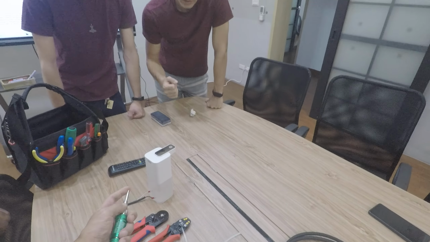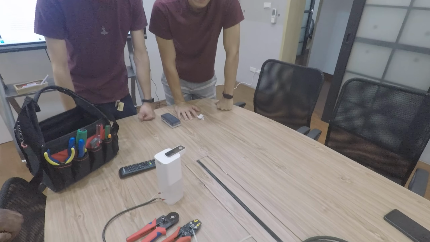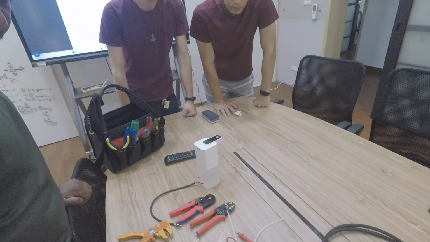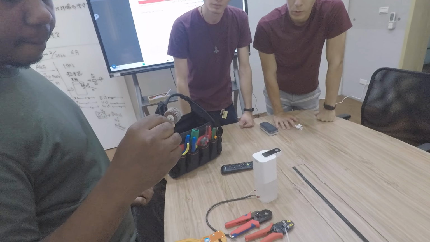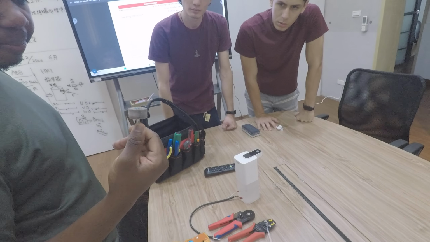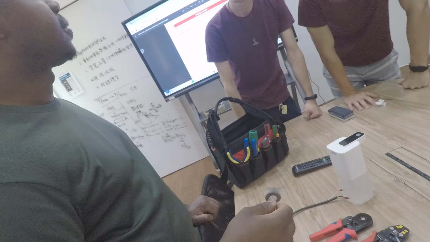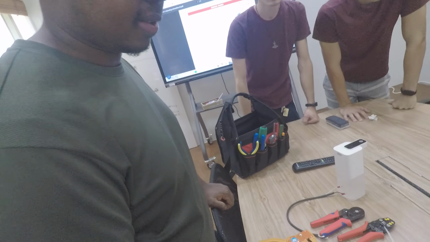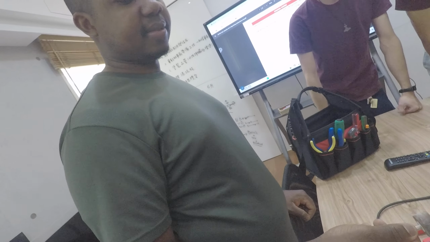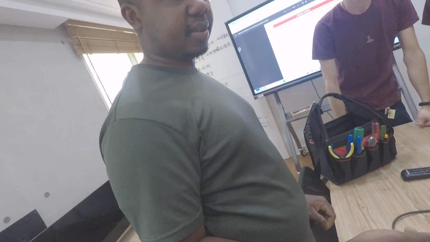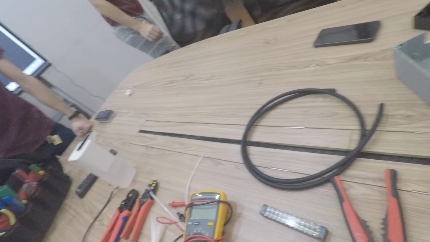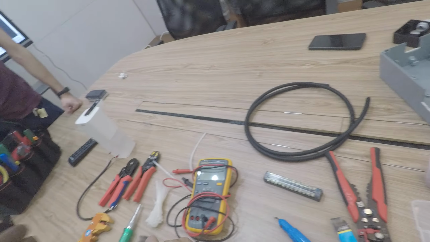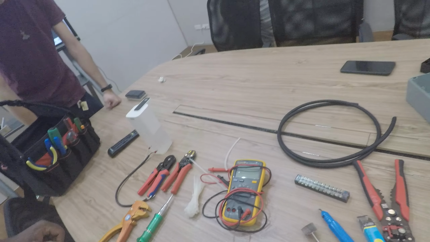You know this? Yes, to punch. Okay, and this one? I don't know what it is. This one is also used for the bird. I think you know this, right? Yes.